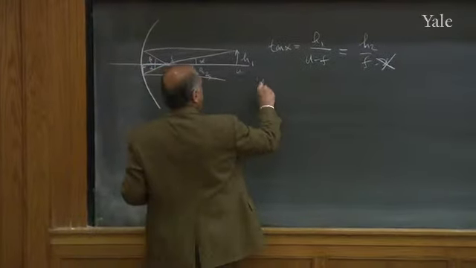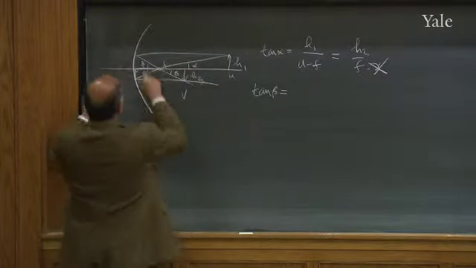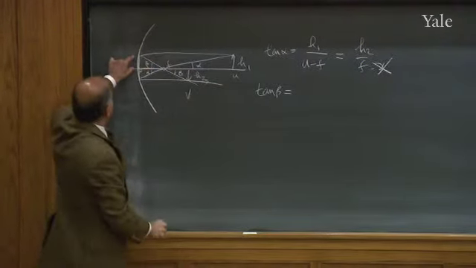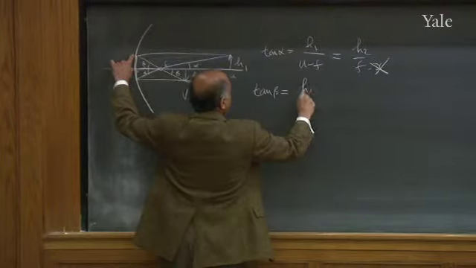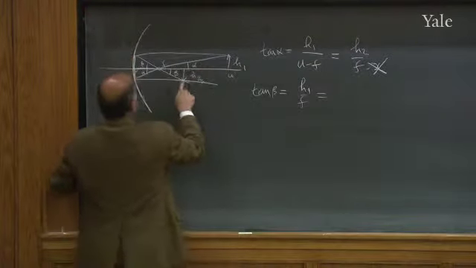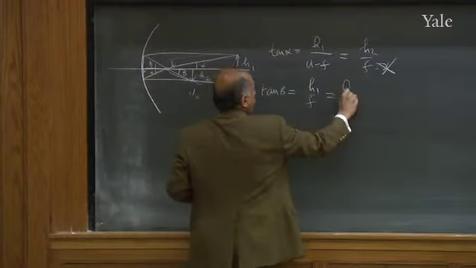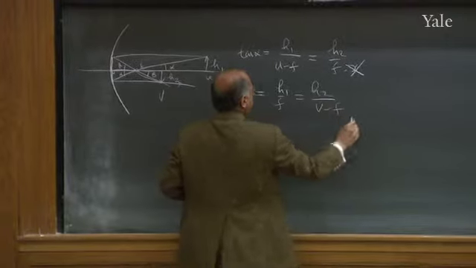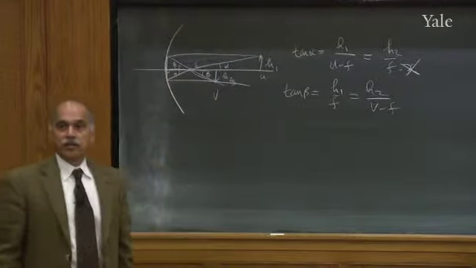So tan beta found two ways is equal. This one, tan beta on top, is h1 divided by f, and that's going to be equal to the tan beta of this triangle, which will be h2 divided by v minus f. These are the two conditions you get.